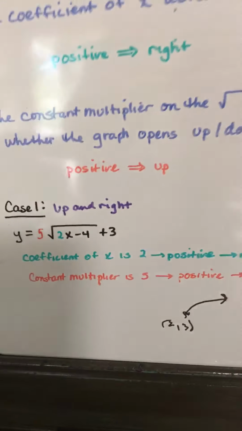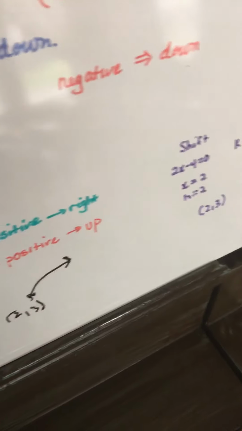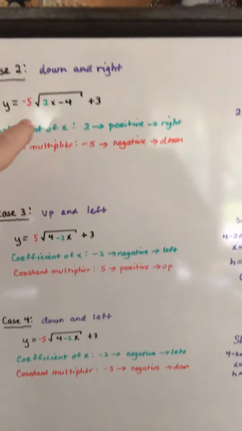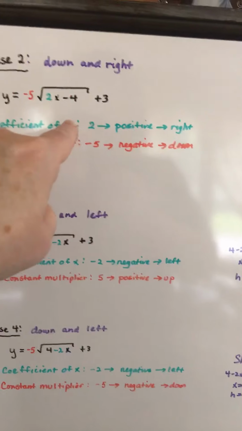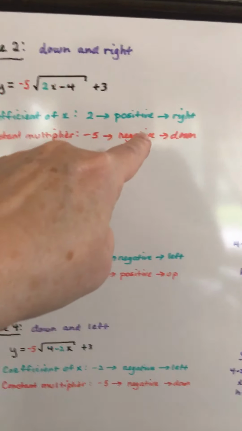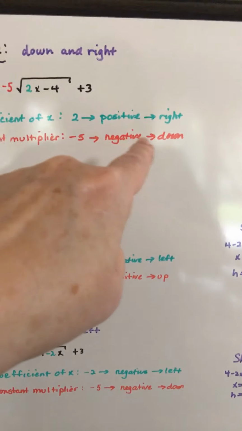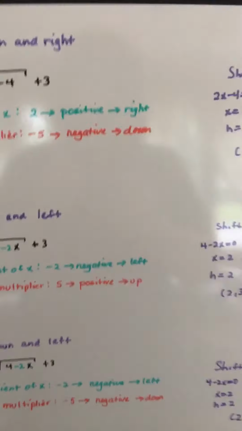And so now continuing in this vein, let me put up another board. I didn't feel like going into the other room. Case 2 is down and right. Notice the coefficient of x is 2, which is positive, so it's right. The constant multiplier is negative, so it's going to open down.